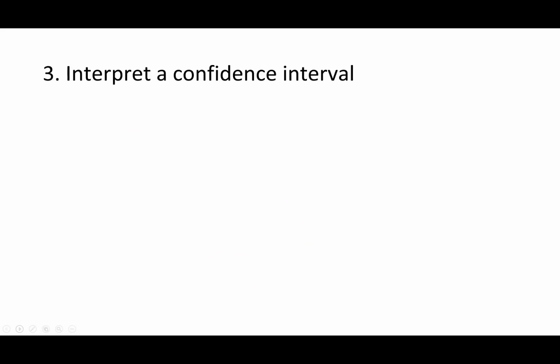Our third learning objective is to interpret a confidence interval. Let's take the example that we just finished working with. We constructed a 95% confidence interval for the proportion of tails to be 0.440 to 0.640.